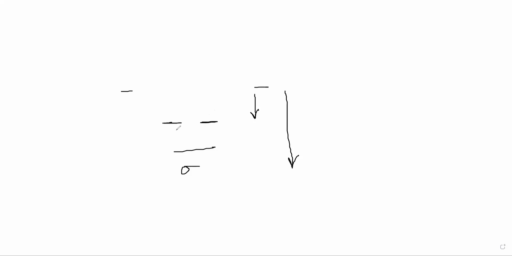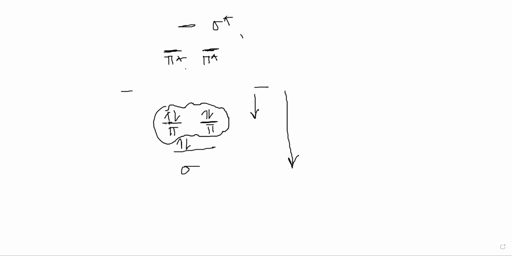So if pi bonds are here, the anti-bonding pi's will be here, pi star, and sigma star will be here. So these might be filled, that means these bonds are made. But these are two pi bonds, for example. So now the lowest unoccupied molecular orbital will be this pi star. That is what he's saying.